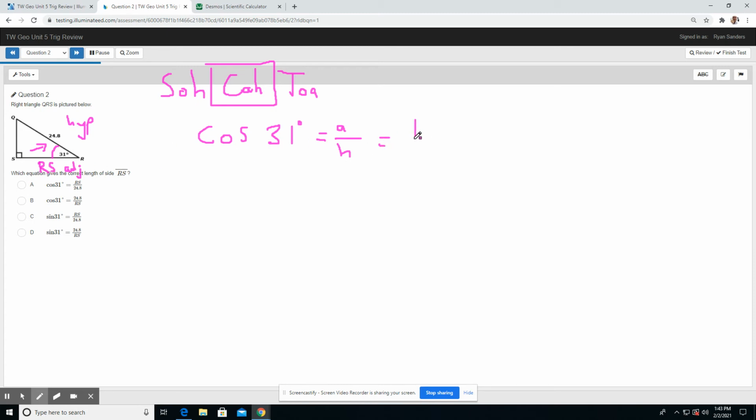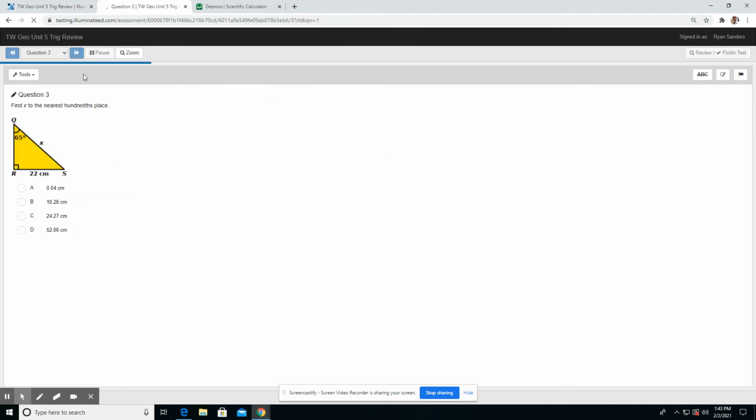Adjacent is RS. Hypotenuse is 24.8. And cosine of 31 equals RS over 24.8. Yep, there it is right there.